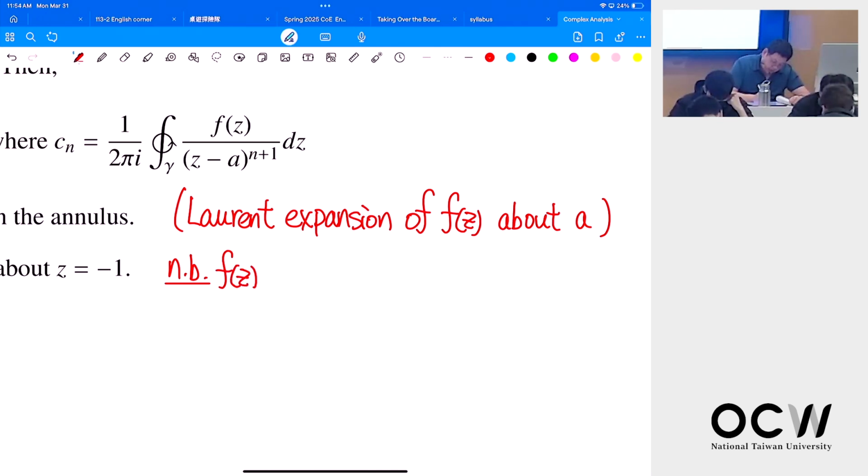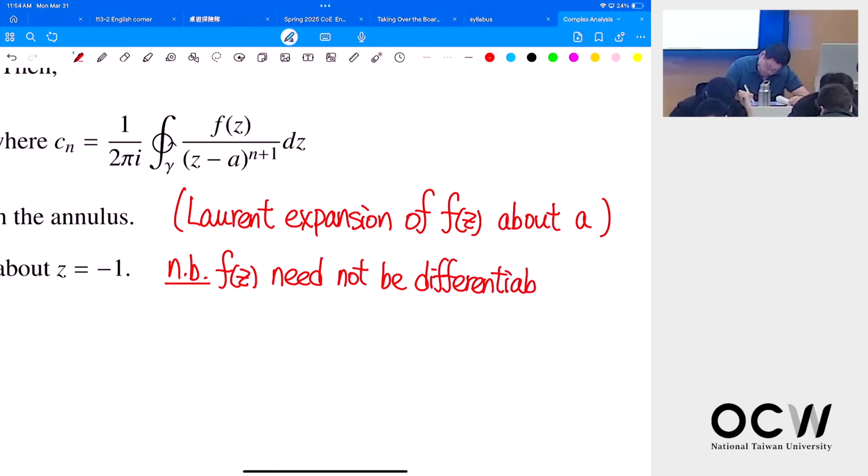This complex function need not be differentiable at A, or even defined.